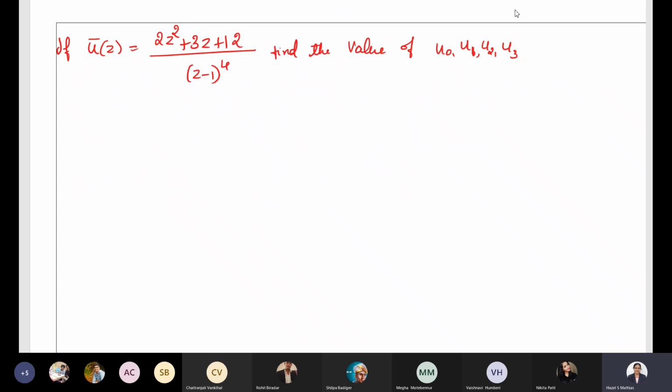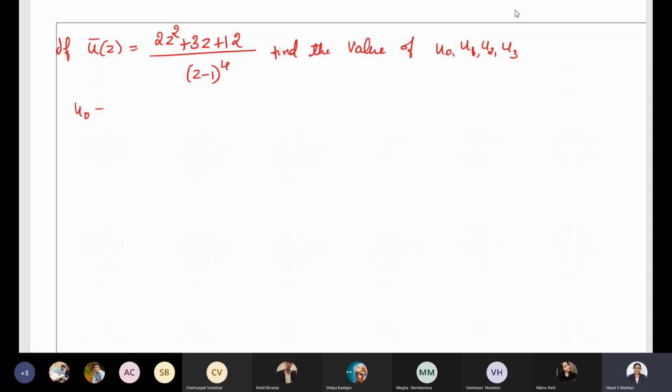U bar of Z, the Z transform of a function, is given, which is (2Z square plus 3Z plus 12) divided by (Z minus 1) power 4. We need to find the values of U0, U1, U2, U3. From the definition of Z transforms, we have derived what U0, U1, U2, U3 are.